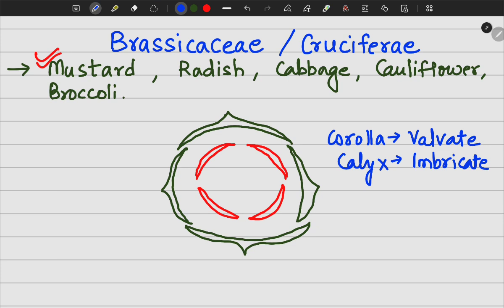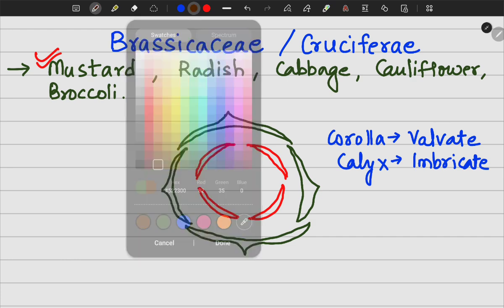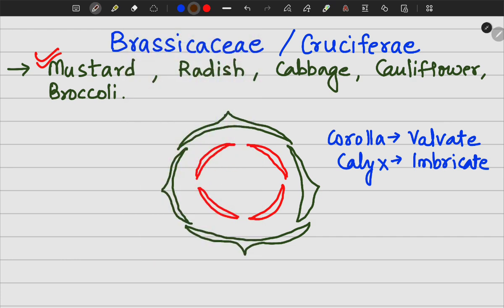Now let us draw the stamens. The stamens in the mustard flower vary in length. The filaments of the stamens vary in length. If you remember, we studied two examples, mustard and salvia, in which the filaments vary in length.